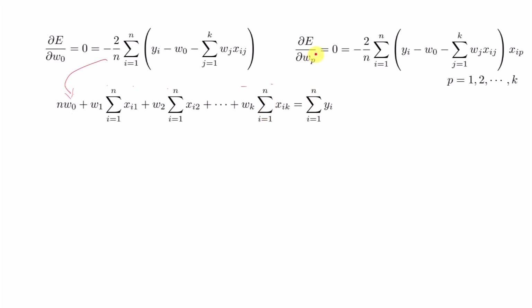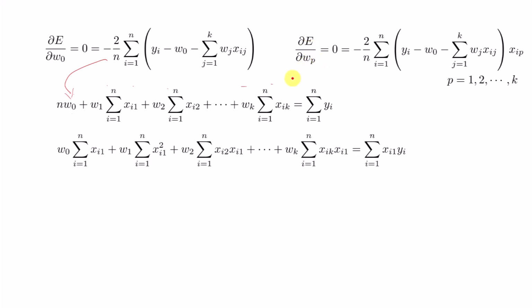Similarly, I can take here, for instance, p equals 1, and I can write the equation setting del E del w1 to be equal to 0. If I do so, what will happen is this: yi will be multiplied by xip, and in this case p equals 1. Therefore, yi is multiplied by xi1.